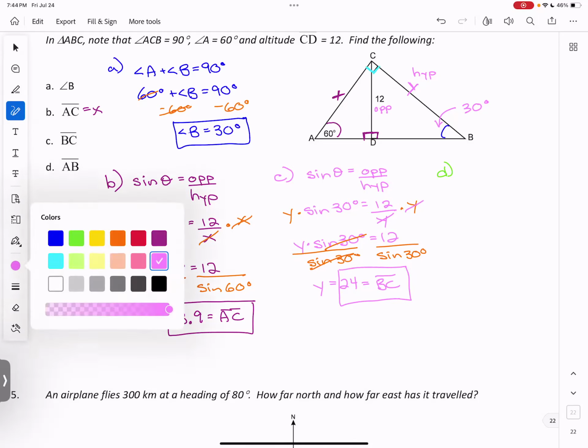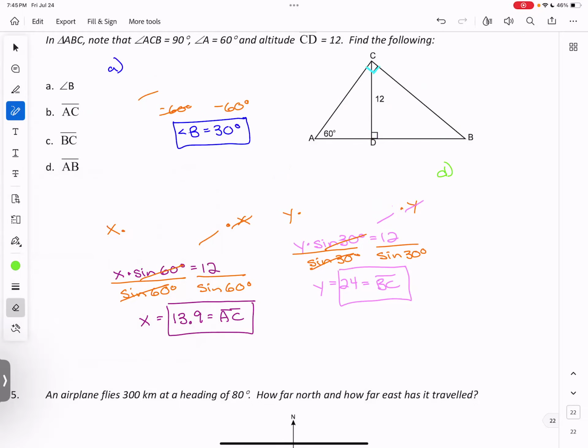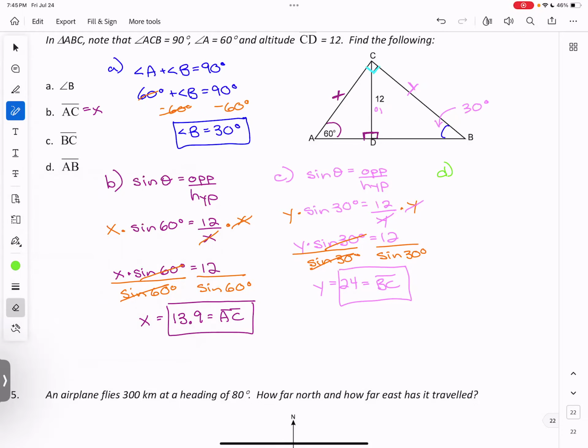Okay. Last one, we're asked for line segment AB. Well, relative to that 60 degrees, let me erase what we wrote earlier. Now thinking relative to the 60, if I consider this the big triangle, then y is my opposite. I know y now is 24.